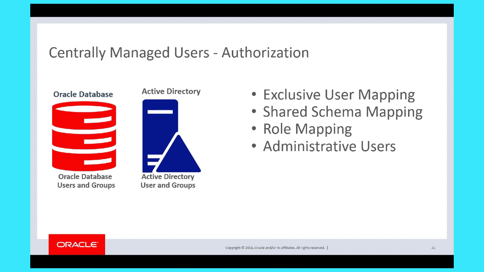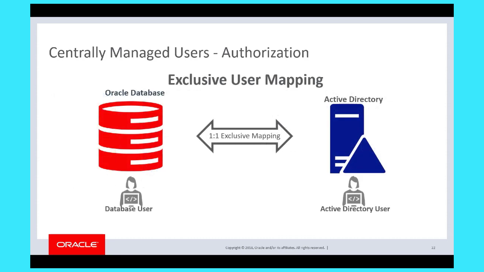And just like with enterprise user security, we allow users with administrative privileges, SYSDBA, SYSKM, SYSRAC, to be defined using Active Directory logins. Okay? Now, for authorization, specifically for exclusive user mapping, this is a one-to-one mapping, and your syntax is identical to enterprise user security.